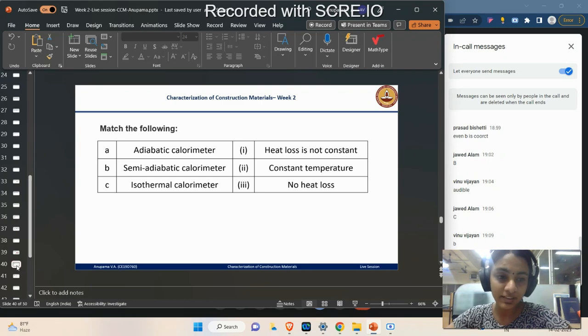It's a matching-the-following question. Adiabatic calorimeter, semi-adiabatic, and isothermal are in the first column, and the second column has: heat loss is not constant, constant temperature, and no heat loss.